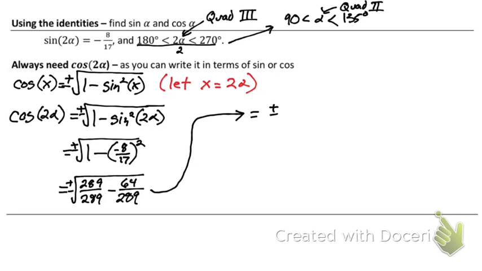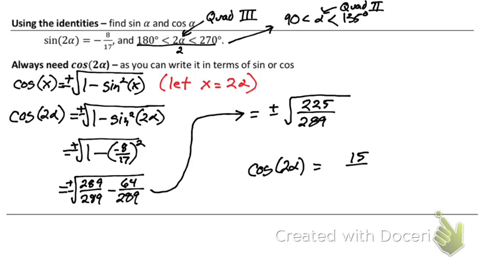Let's finish this up over here. That's going to equal plus or minus the square root of 225 over 289. Well, the square root of 225 is 15. Square root of 289 is 17. So we're going to have that cosine of 2 alpha equals 15 over 17.